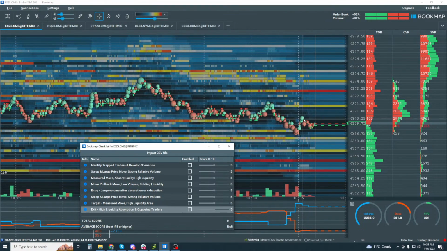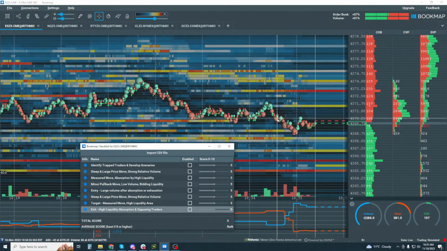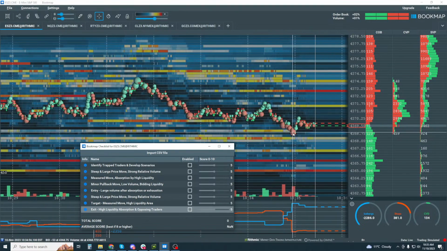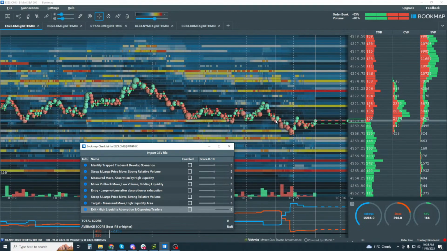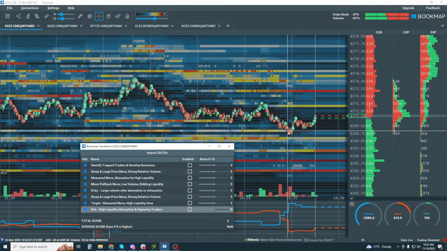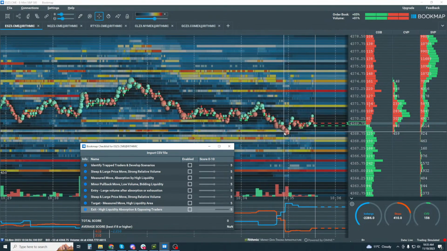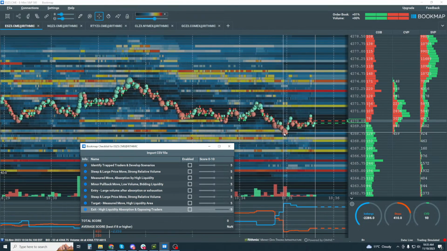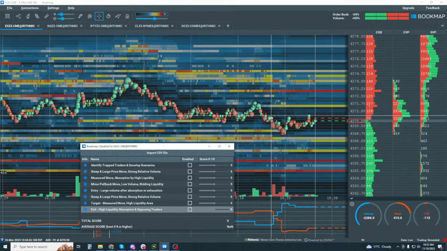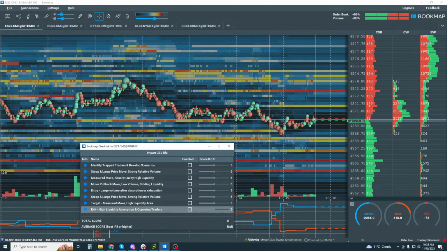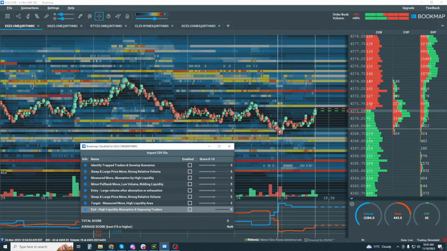Okay, here's our pullback. Now again, reading this move in here, it's a stop run as well, and it's not very many points in here. So am I looking for a continuation? Well, I do like that it is strong and consistent at least. Could be much stronger, but at least there's some consistency to it.